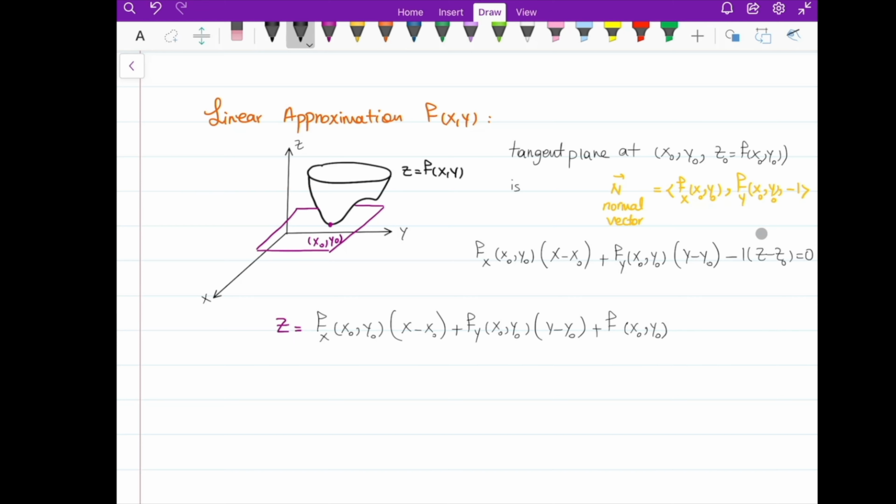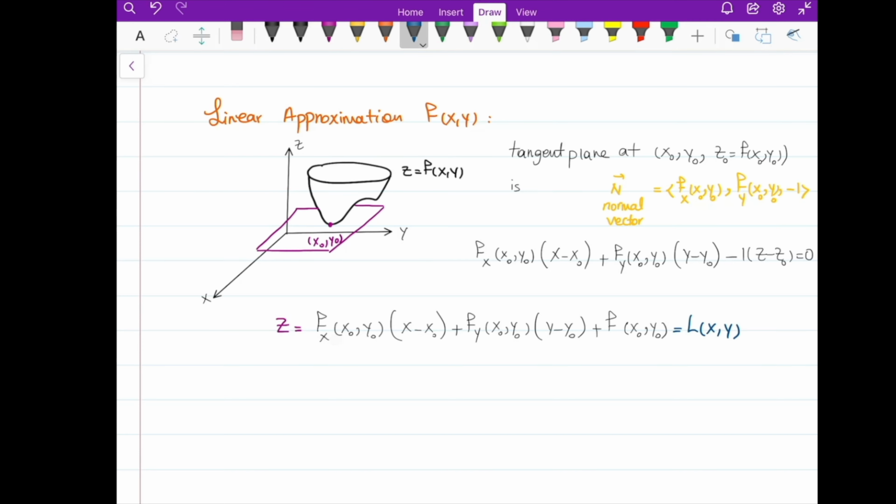Very good. So basically I just brought z to the other side and I wrote the equation of the tangent plane, and I'm going to call this L of x and y. This is basically the linear approximation of this function at the point x naught and y naught. So I used the equation of the tangent plane to write the linear approximation.